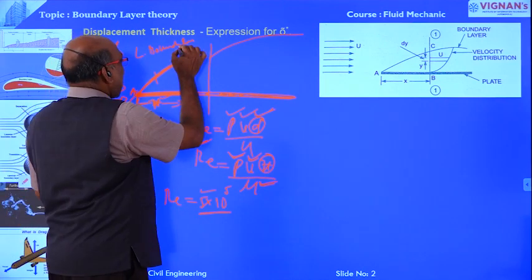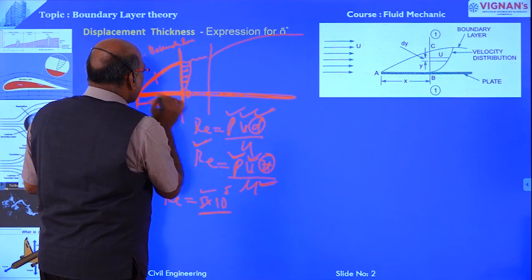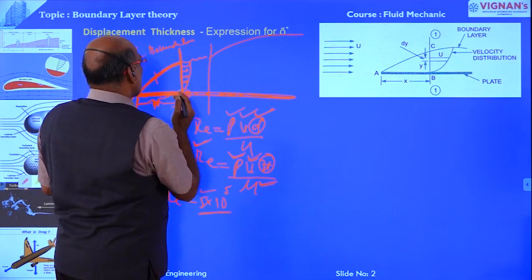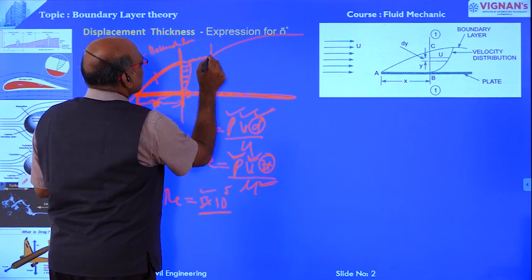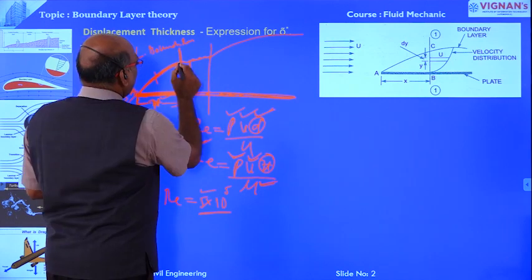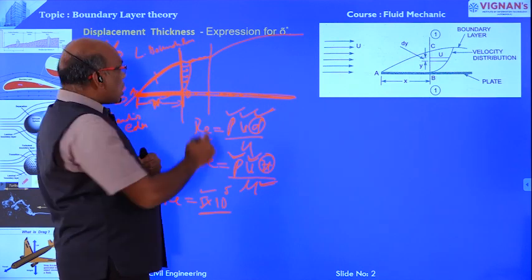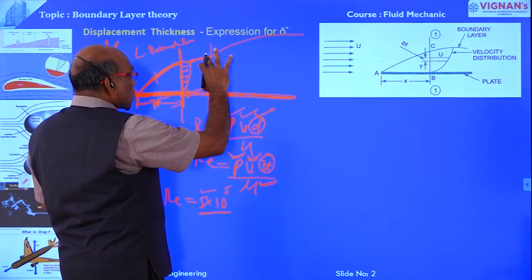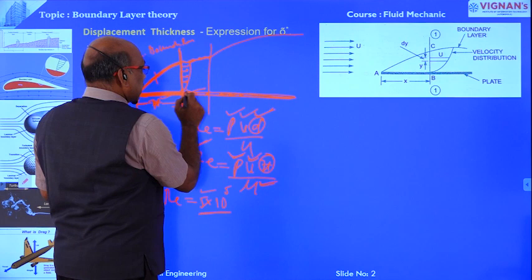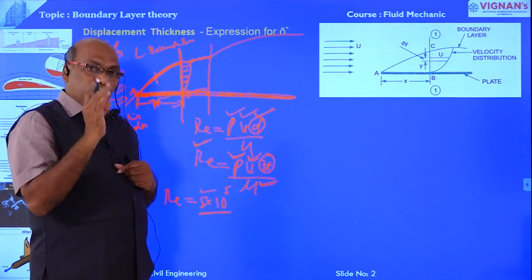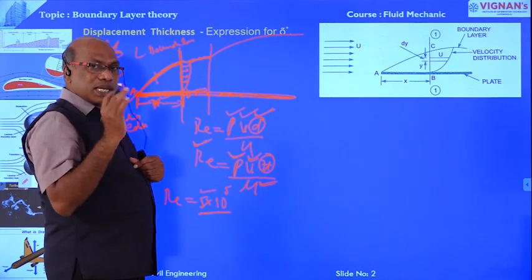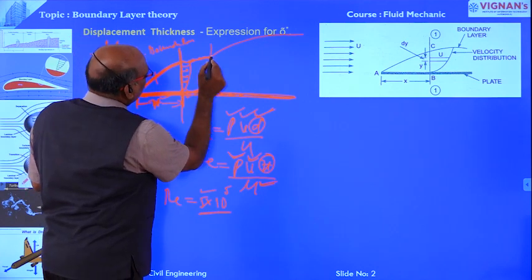Now this x is the laminar zone. Beyond the laminar zone, beyond x, the boundary layer is disturbed and irregular, and the thickness of the boundary layer gradually increases, so that the flow changes from laminar to turbulent.